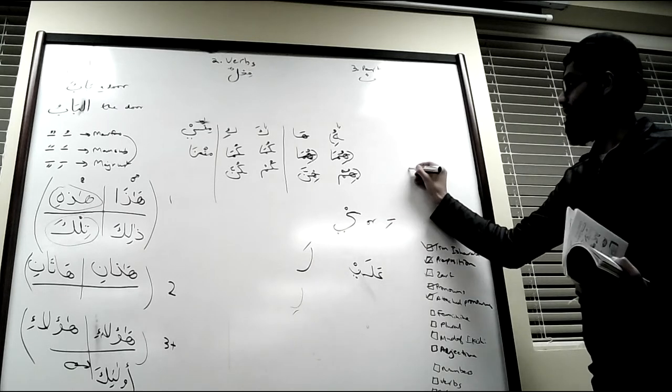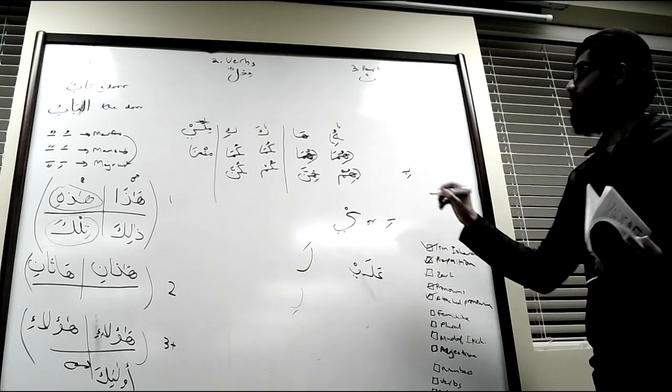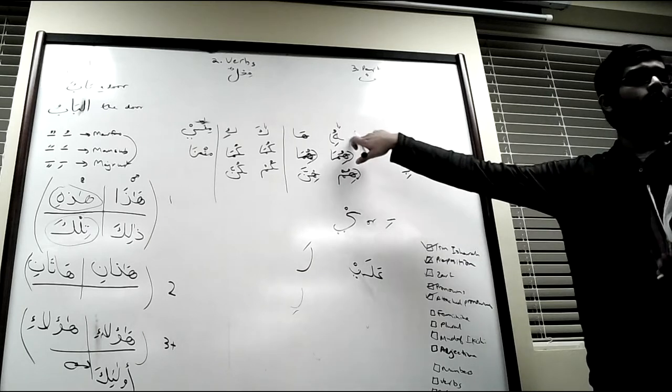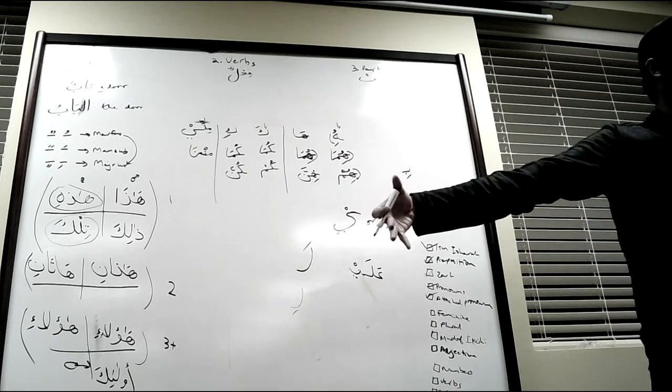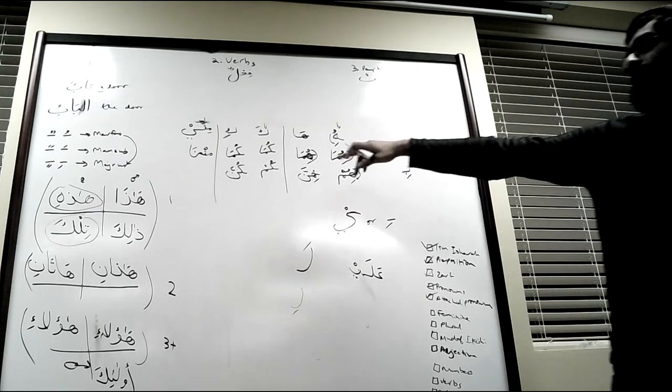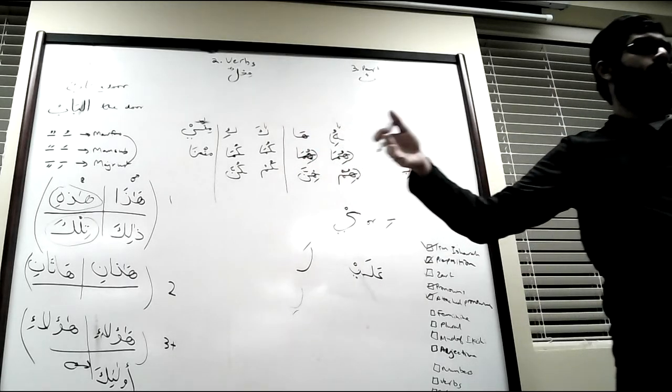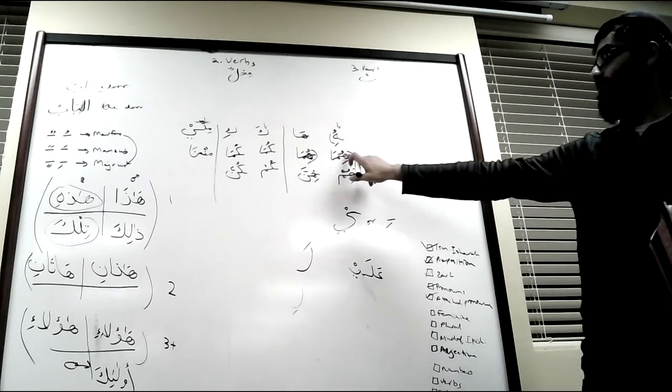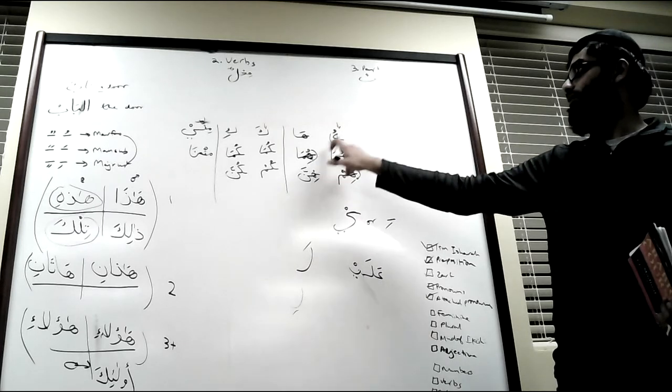So when you have something like bi, instead of bi-who, it's gonna be bihi. But it doesn't change for this one, so it's biha. And it doesn't change for that one, it's bika. But it only changes for huma, hum, and hunna.